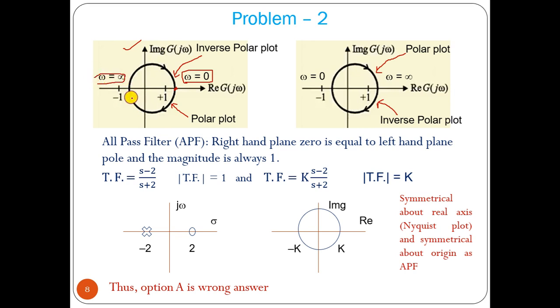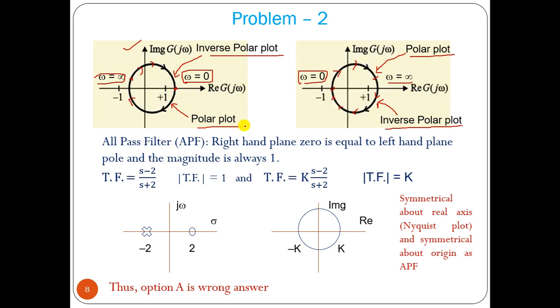This is the polar plot from omega equal to minus infinity to omega equal to 0. This is your inverse polar plot. This is one way. Another way, it can start from omega equal to 0 here, then this is your polar plot up to omega equal to infinity, and from omega equal to minus infinity to 0, we can have this inverse polar plot. So this plot can be written in these two ways.